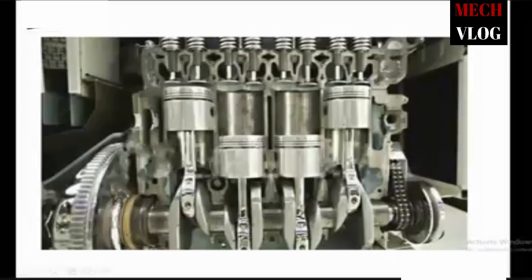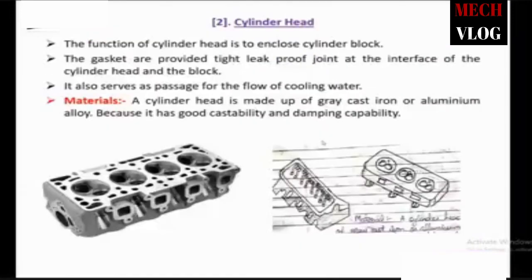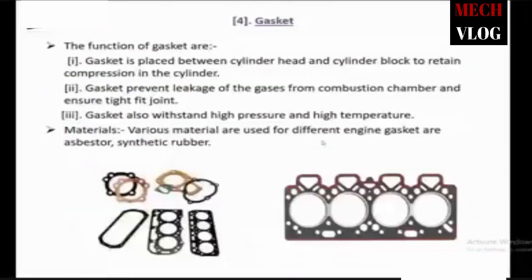We already discussed the engine terminology: what is top dead center, bottom dead center, clearance volume, swept volume, and compression ratio. We discussed all this in the last section. If you have any doubts about top dead center or bottom dead center, please ask. No, sir. Okay, so you are all aware of that.